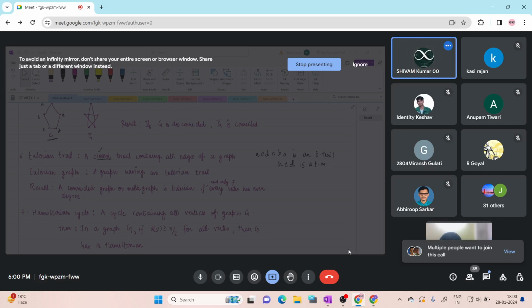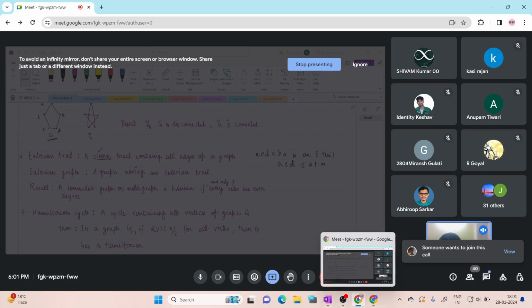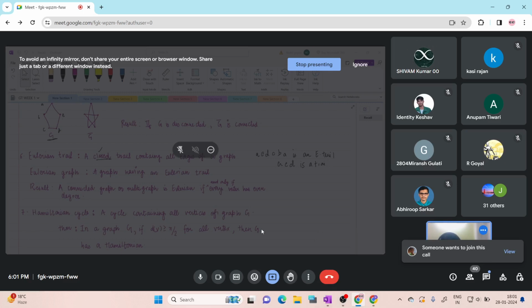Okay. So I think this Eulerian trail corresponds to the Eulerian circuit, because in the case of the Eulerian path, we would be covering all the edges, however the initial and the end vertex would be different. Yes, there might be different terminologies for the same thing, but here I am considering an Eulerian trail as, first of all, a trail.